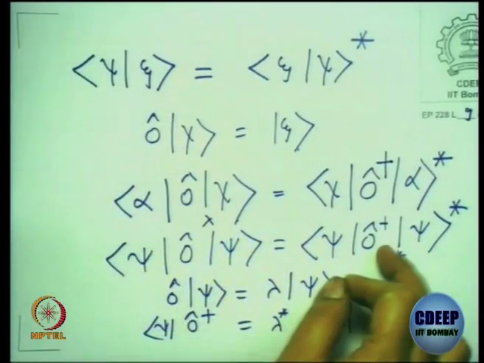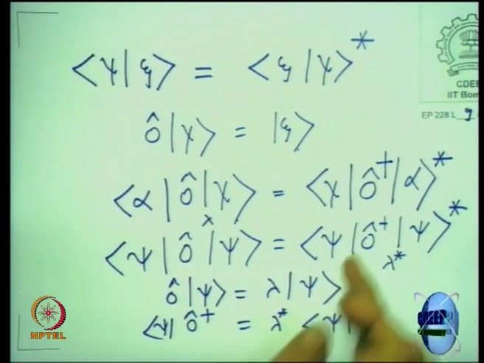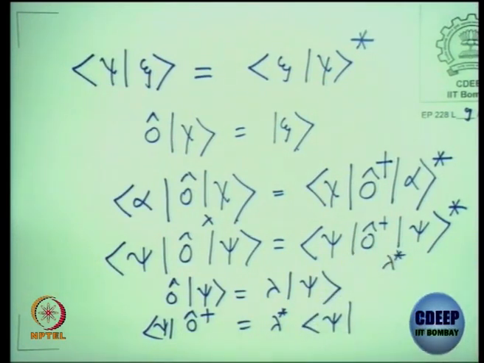There is some small thing which I missed here: these two look one and the same, provided that as an operator equation you should also be able to put this as O operator equal to O dagger.